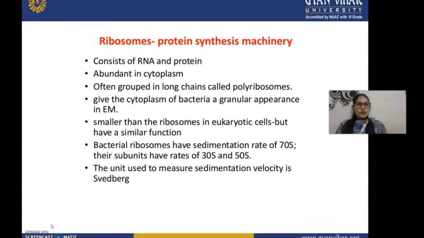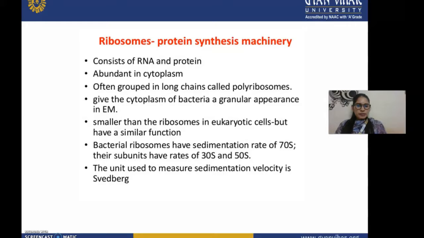So ribosomes, the protein synthesis machinery. How does it work? It consists of RNA and protein. It is abundant in the cytoplasm. It is often grouped in long chains called polyribosomes, and it gives the cytoplasm of bacteria a granular appearance in the EM. It is similar to the ribosomes in eukaryotic cells and has a similar function.